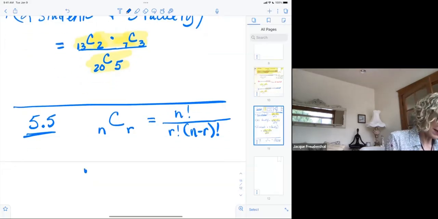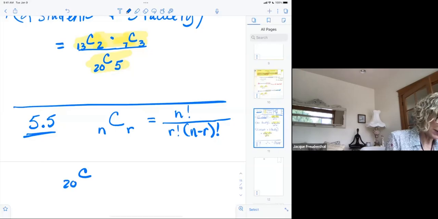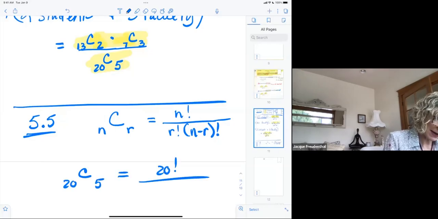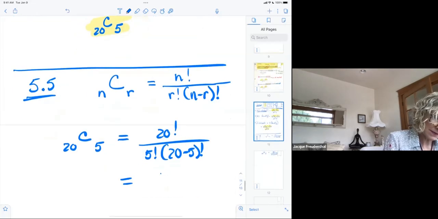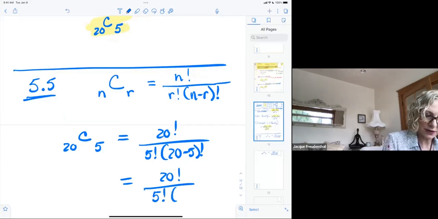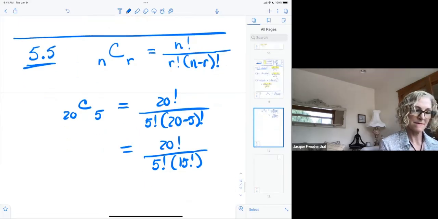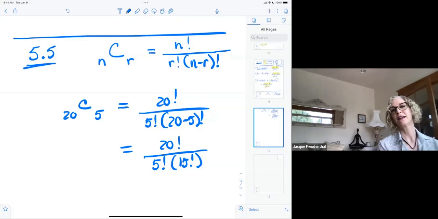So if I wanted to calculate something like 20 choose 5, I would take 20 factorial, I would divide it by 5 factorial times 20 minus 5 factorial. I need to subtract 20 minus 5 and get 15 factorial. And then I can calculate that.